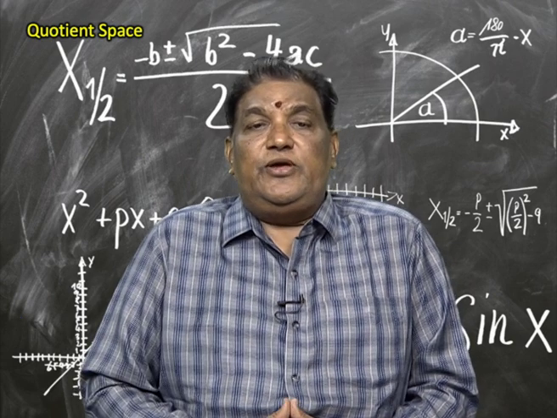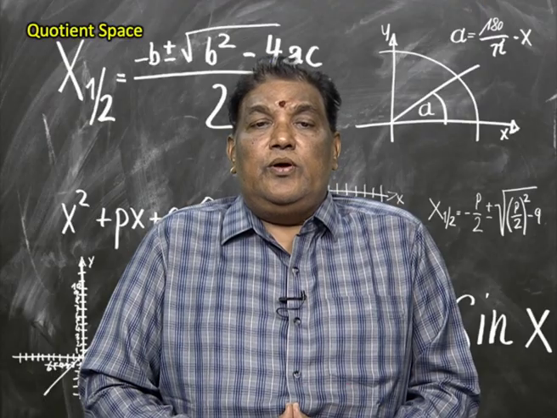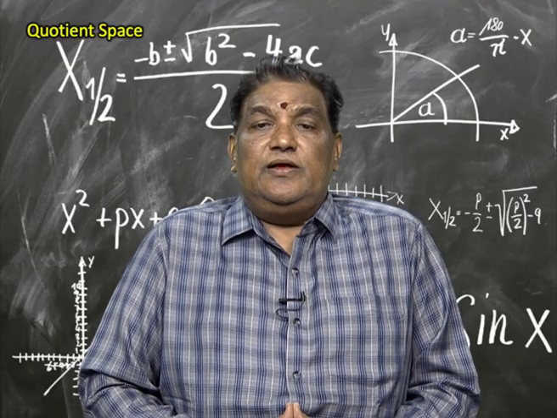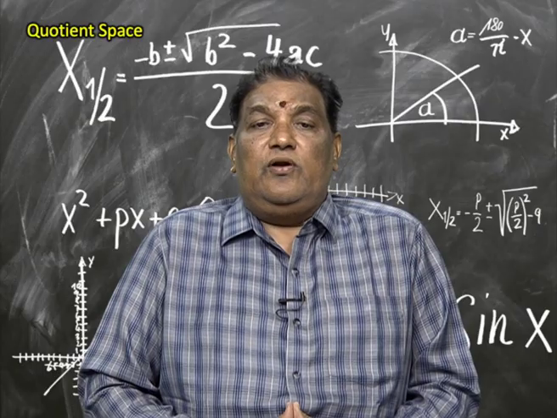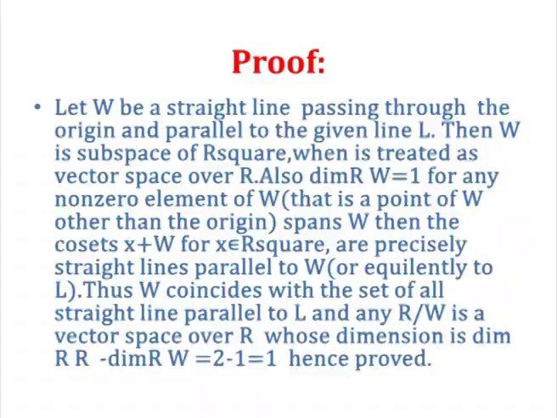Next theorem. Let L be any straight line in the Euclidean plane. Prove that the set of all straight lines parallel to L forms a vector space over R whose dimension is 1. Proof.